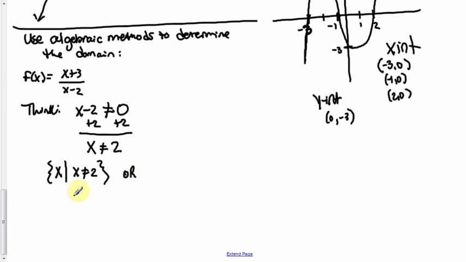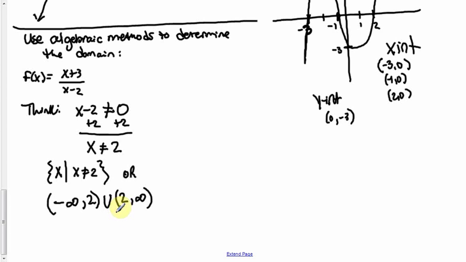Or you can say it's all real numbers except 2. So that means it's from negative infinity to 2, don't include 2, union with 2 to infinity. So this notation is interval, and it excludes only 2. Every other number in the whole entire world is on that except 2.